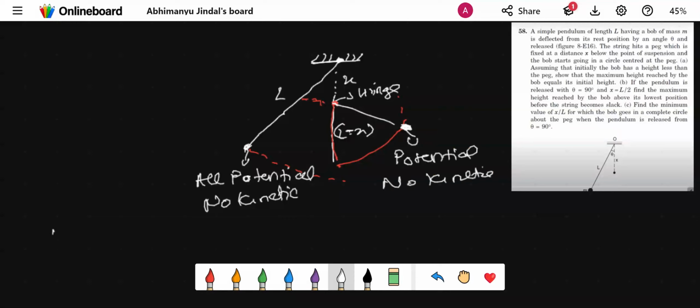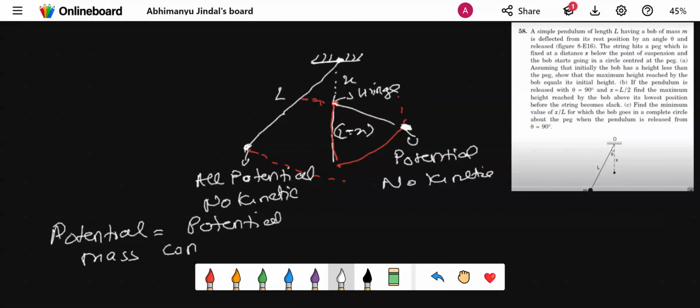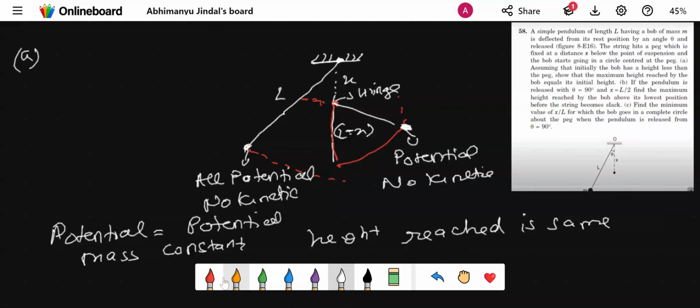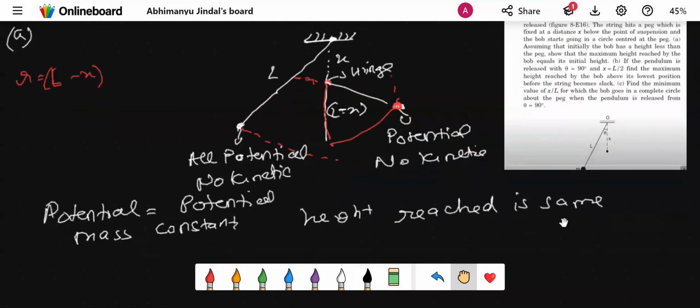Therefore, the potential gets converted to potential and the mass remains constant, so the height reached is the same. So this was part A. Let's note down some important information, which is that the radius is L minus x. This could potentially come in use to us.